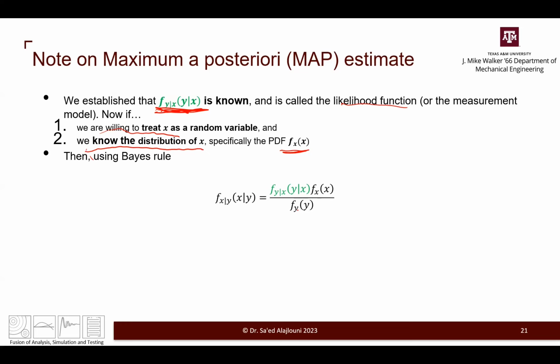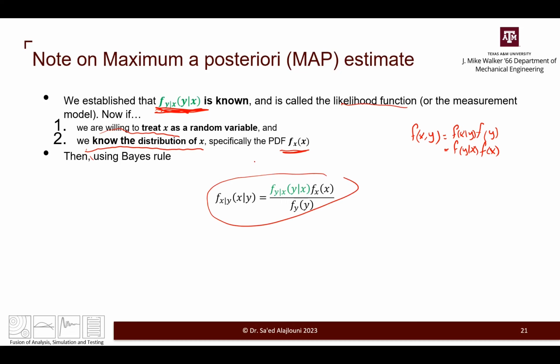Remember what I said about Bayes' rule in the beginning? I said f of x, y equals the probability of x given y times the probability of y, and that's the same as the probability of y given x times the probability of x. So you use that fact to come up with this expression.